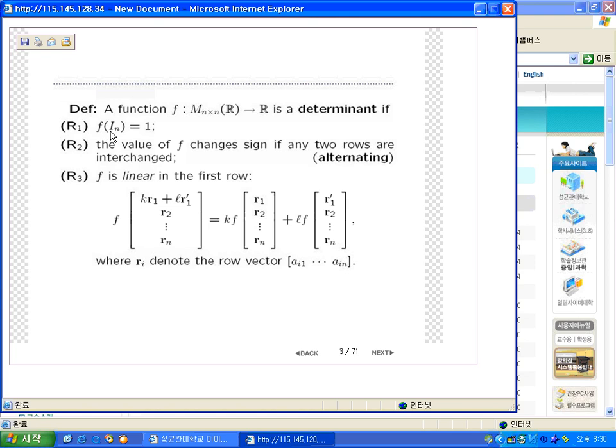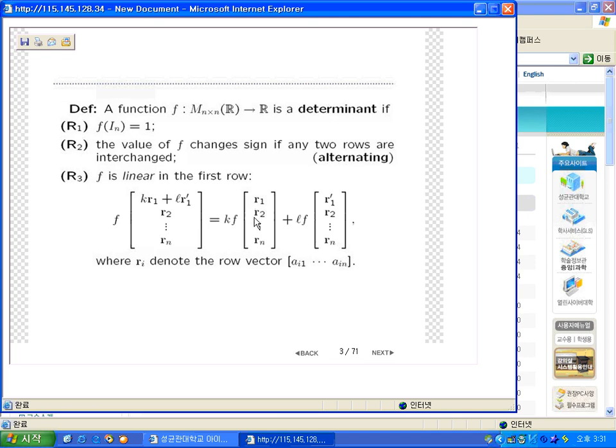The value of the function on the identity matrix is 1, and the value of the function changes sign if any two rows are interchanged. And also, this function is linear in the first row, where these Ri's denote the row vectors, like this.